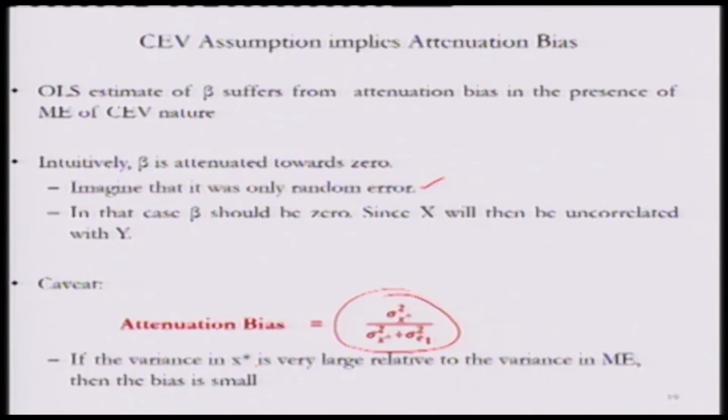Suppose you have collected data on income which is reported with error, but suppose the true income varies a lot in your sample and you have a big sample. So there is a lot of variance in the true value of the income. If the variance of this income is much larger compared to the variance in the reporting error, then the bias is reduced.